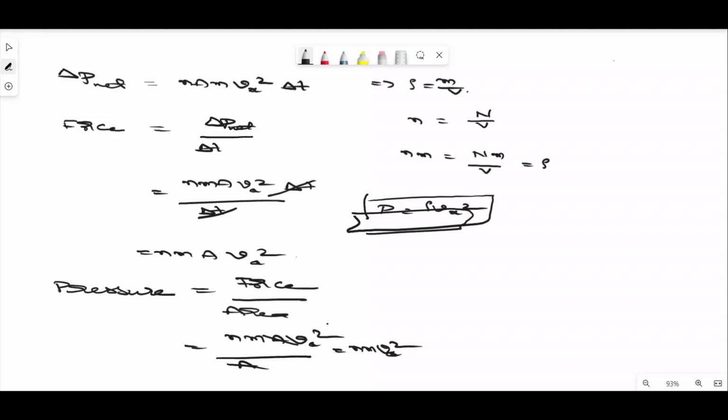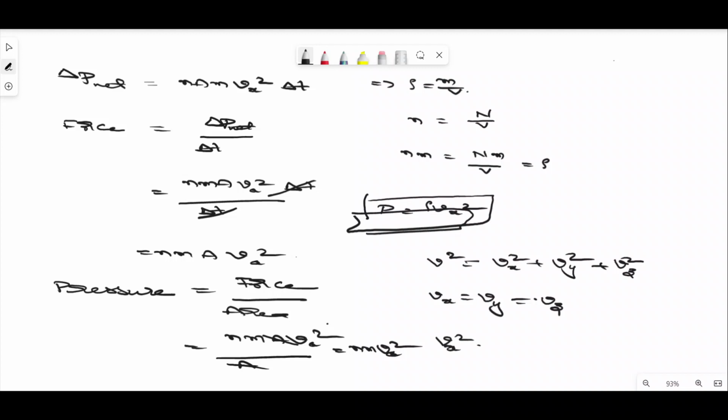Now we are going to represent the pressure along the three-dimensional axis. Why? Because we had considered the container along the three-dimensional axis. As we represent, V square equals the velocity along the x-axis, the y-axis, and the z-axis. Here we observe that the velocity along the x-axis equals the velocity along the y-axis as well as the z-axis.